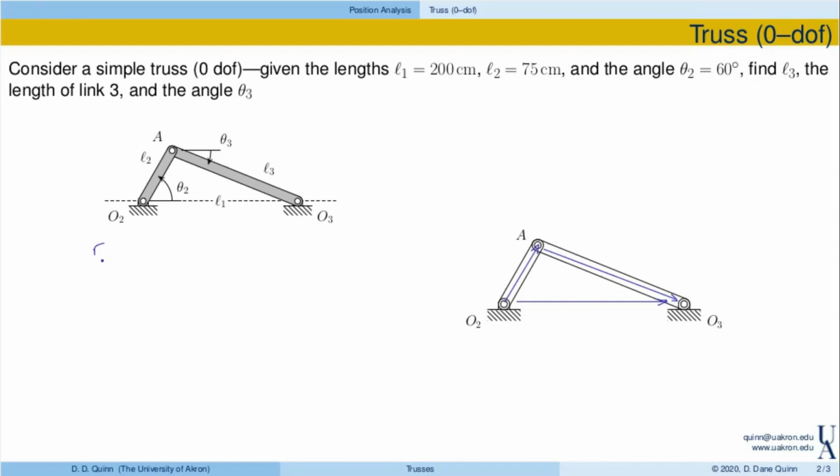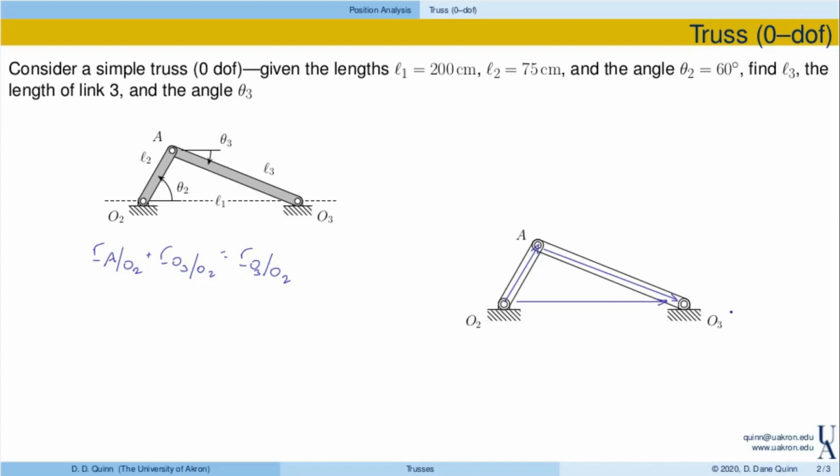Writing that out, we have R of A with respect to O2 plus R of O3 with respect to A is equal to R of O3 with respect to O2. Basically that's just writing out this vector equation that we've identified.